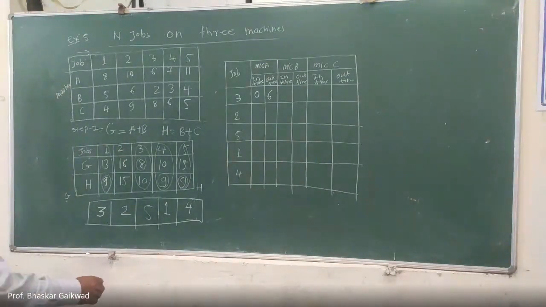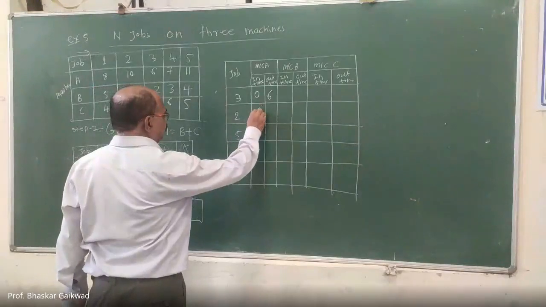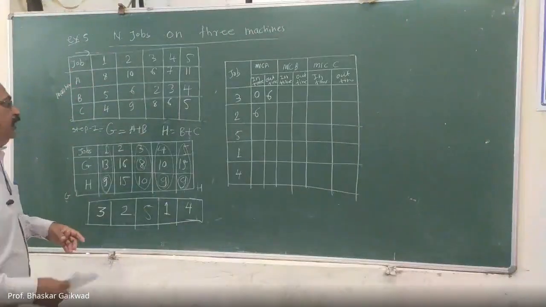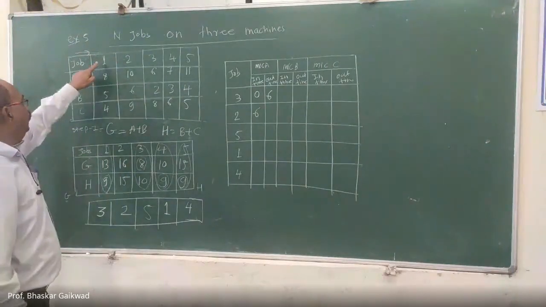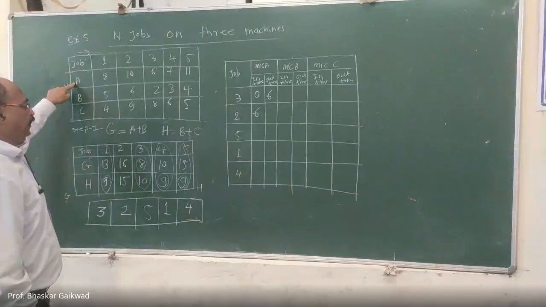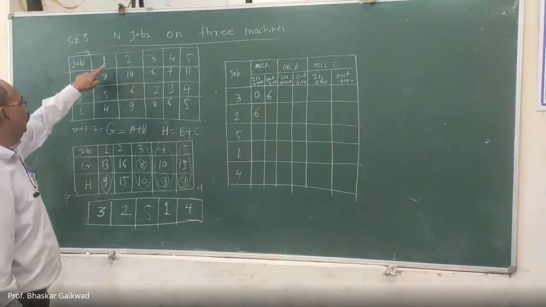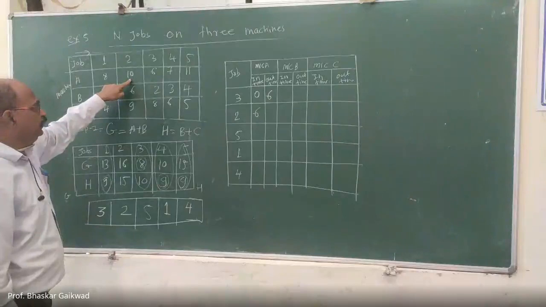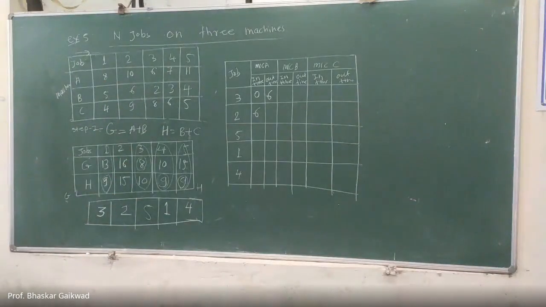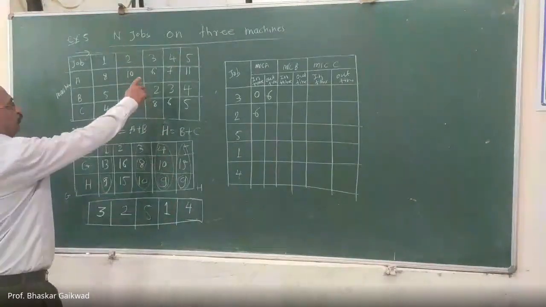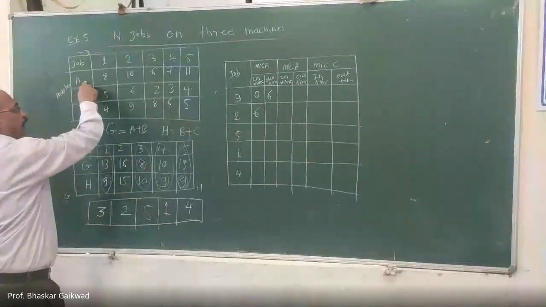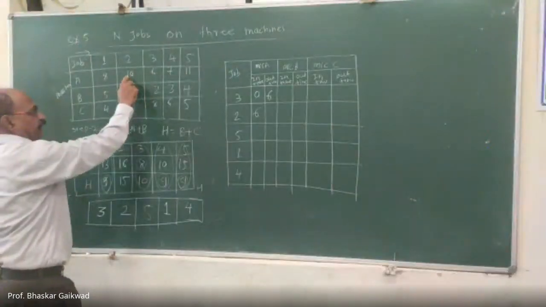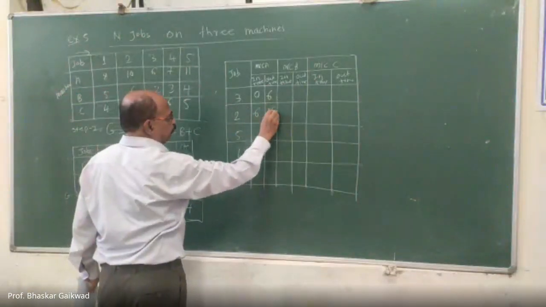Now, the second job will start at 6. And what is actually the processing time for job number 2 and machine A? So job number 2, machine A processing time is 10. So how much is the output time? 16. Correct. So 10 plus 6 is 16.